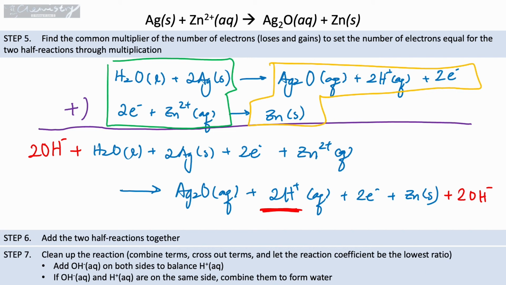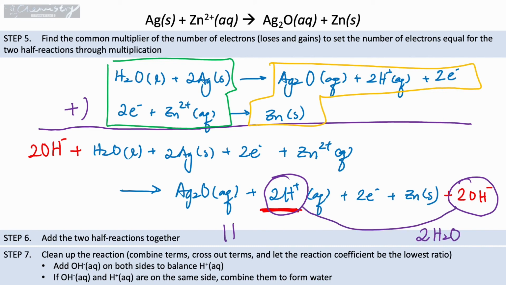Then we are going to combine the H+ and OH- to become water. The H+ and OH- combine together to become 2 H2O, because remember, H+ and OH- adding up together become H2O, and we have 2 of them.